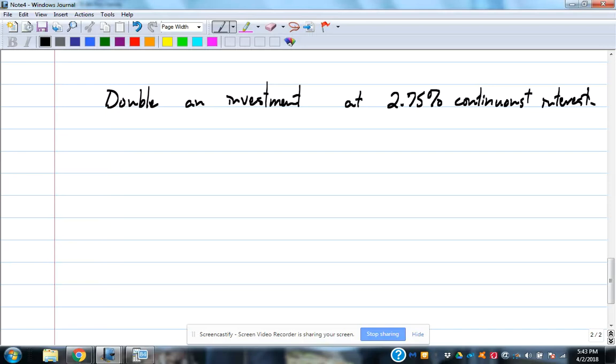If I'm doubling it, it's going to take me the same amount of time in a savings account type situation. So if we're going to double the investment at continuous interest, we know that it's this formula because it said continuous interest. What's the easiest principal investment to use? $1, right? Can't use $0 because if we double $0, it's still zero.